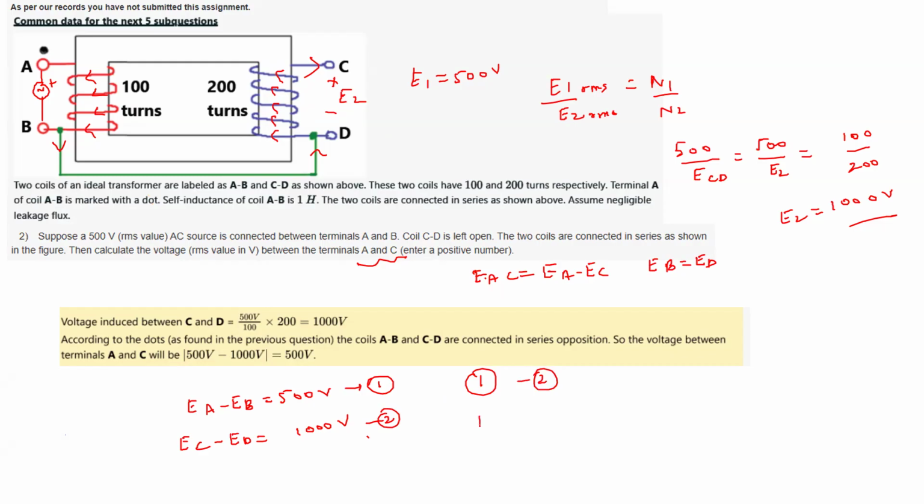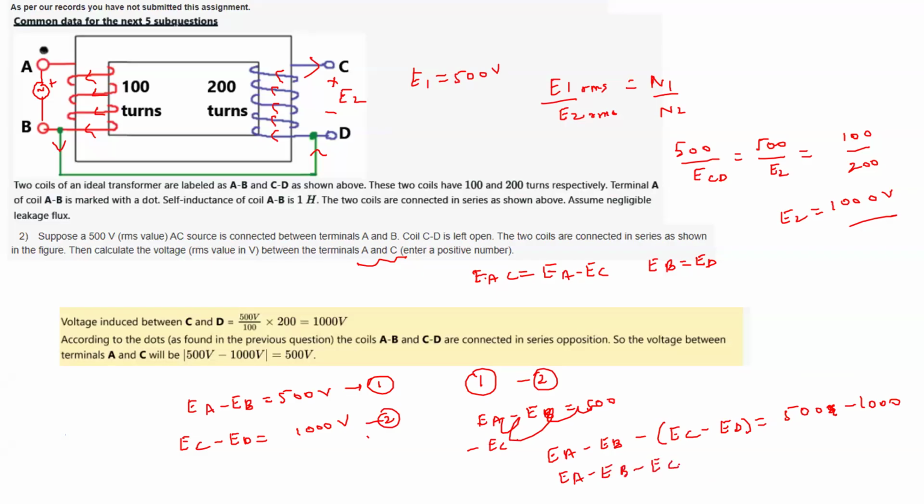We have to find EAC between the terminals A and C. So EA minus EB is 500, and subtracting EC minus ED, which is 1000, we get EA minus EB minus EC plus ED equal to minus 500.